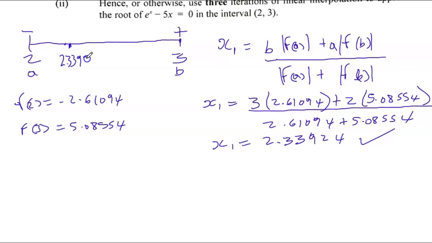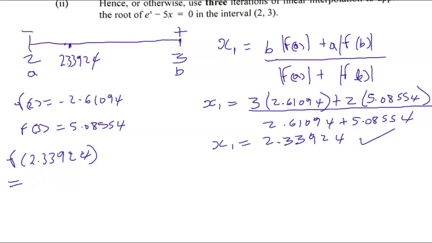So we need to determine if the root is between 2 and 2.33924, or between 2.33924 and 3. So we need to find f(2.33924) and see what we have.